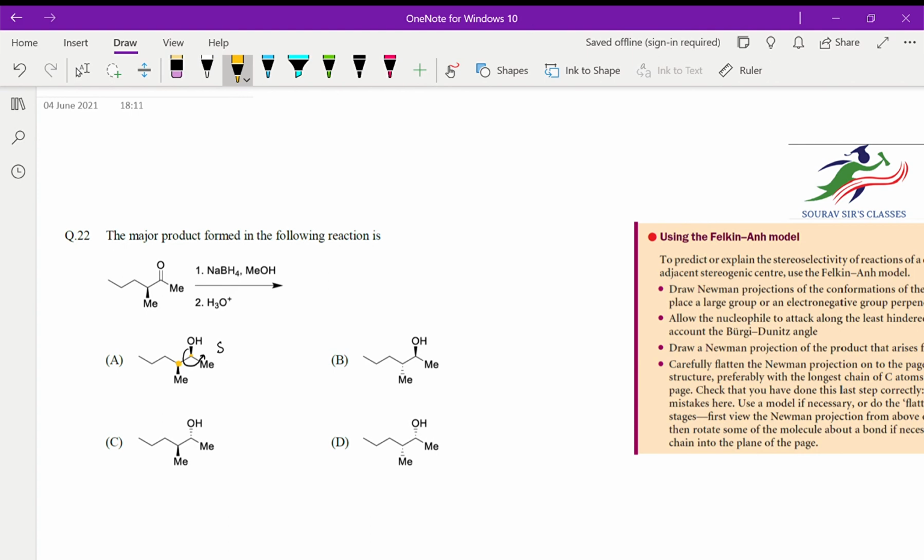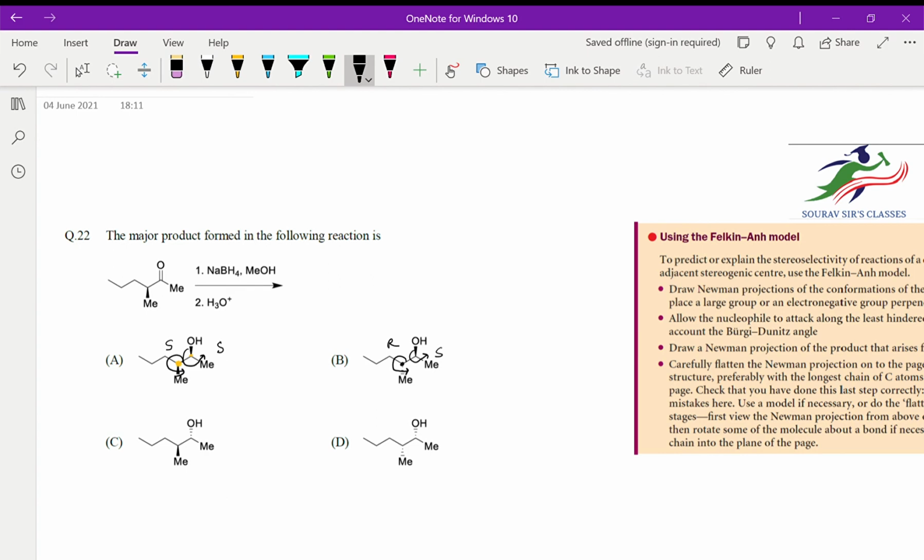Again, hydrogen is below the plane, so obviously it is again anti-clockwise, so again it is S. Keeping this logic in mind, for this stereo center it is going to be S, but here you can see the methyl. For this stereo center, the methyl is below the plane and hydrogen is above the plane, so even though it is going anti-clockwise, we will think reverse. Instead of it being S, it will now be R, because hydrogen is above the plane.